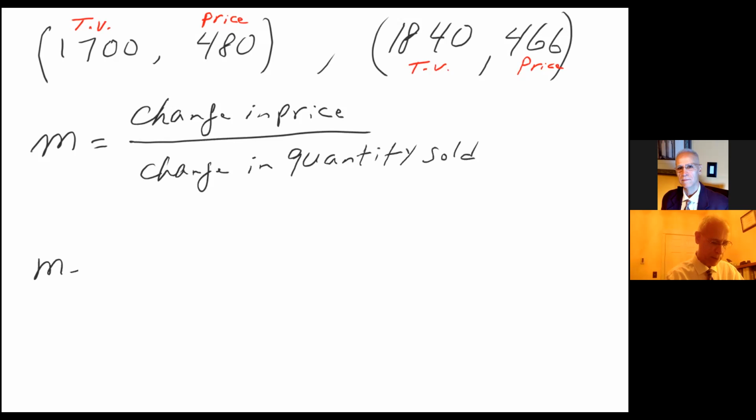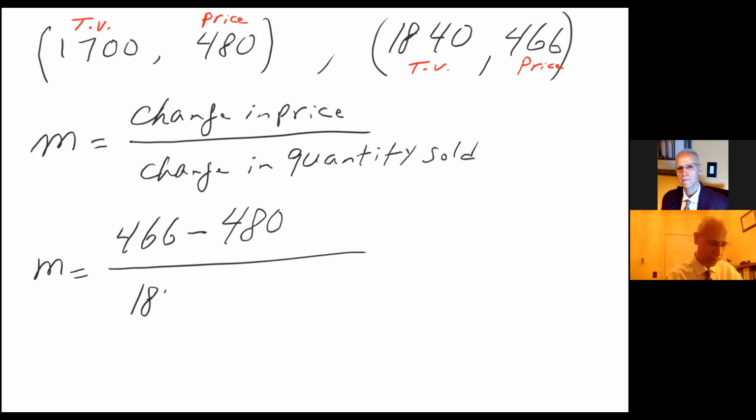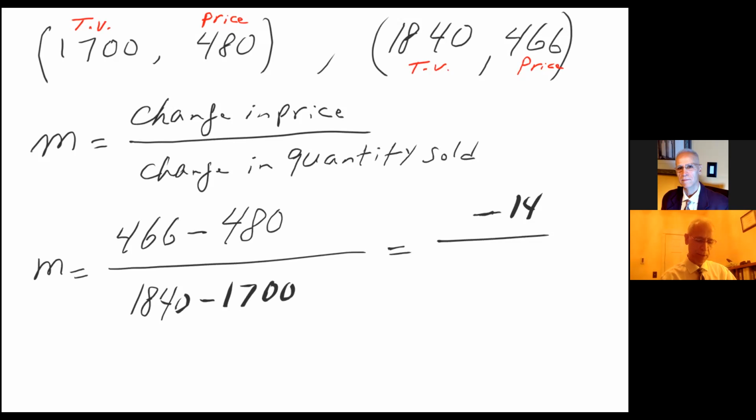So m equals 466 minus 480 divided by 1,840 minus 1,700. Okay, so 466 from 480 is going to be negative 14. 1,840 minus 1,700 is positive 140. So this is negative 1 over 10, or negative 0.1. So that is the slope.